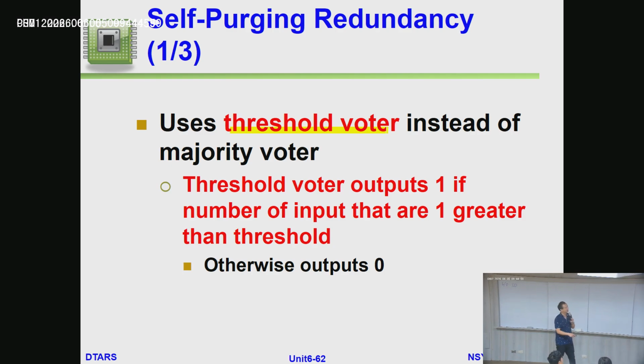It will output 1 if the number of inputs that are 1 is greater than the threshold. Basically, this threshold voter is trying to check how many components generate correct outputs. For this method, it is not using a majority voter; it is a threshold voter. So we can specify how many outputs must be consistent, and then we determine that this output is the correct output.